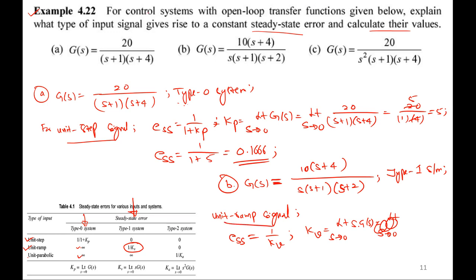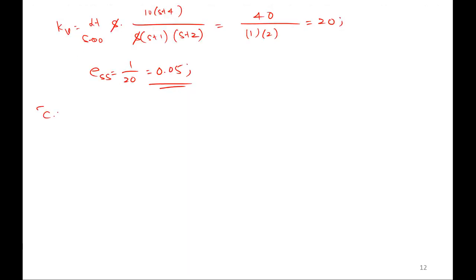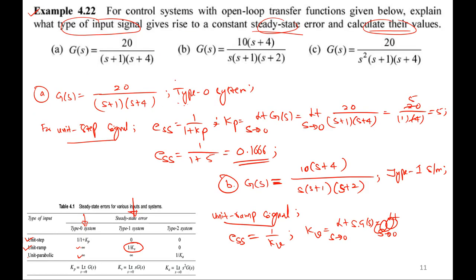We have found out what type of input signal and the steady state error and its value. Then we will take up part C. Here our judging is very important, whether it is type 0, type 1 or type 2. Once we identify the type, this table helps us know what to find out and what not to find out.